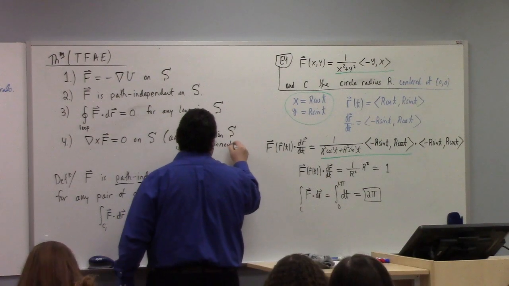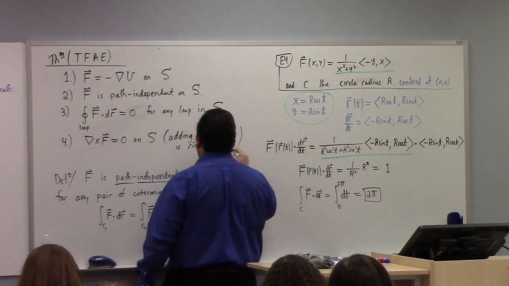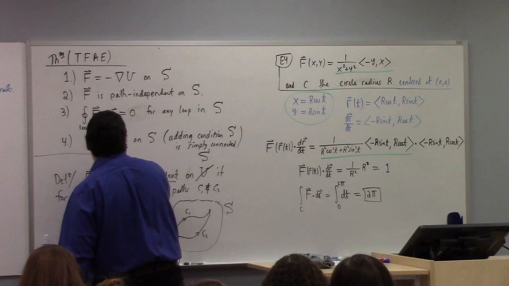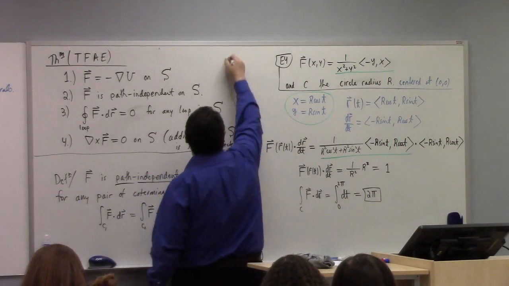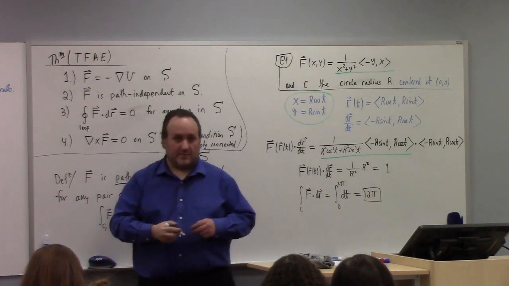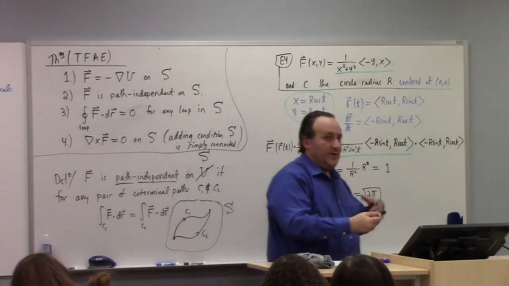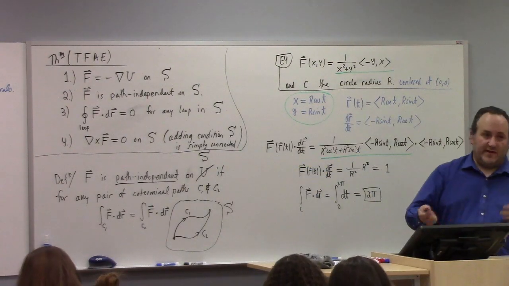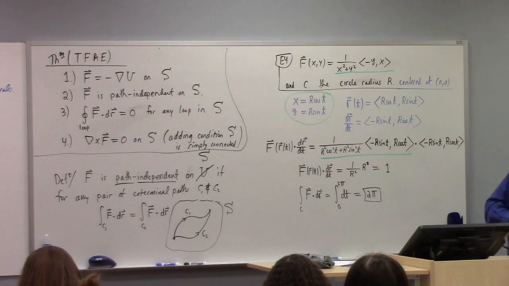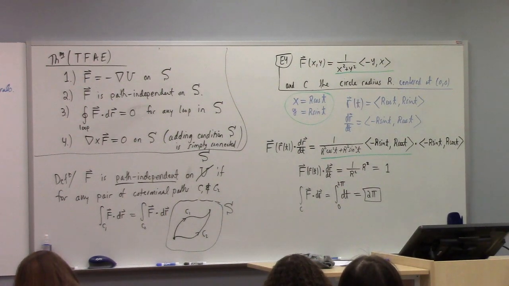You can for the most part ignore part 4, but for those of you who are possibly in Calc 3, I include it for logical completeness. We can check whether a vector field is conservative by calculating its so-called curl, and if it's non-zero, it's not a conservative vector field.